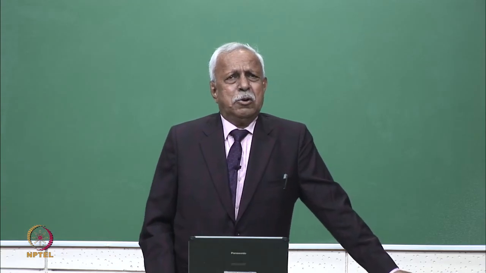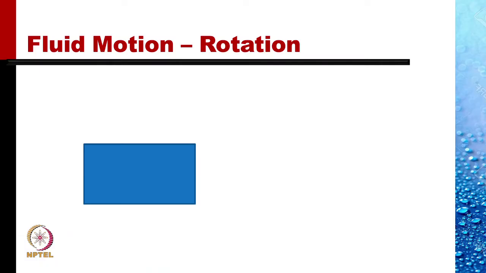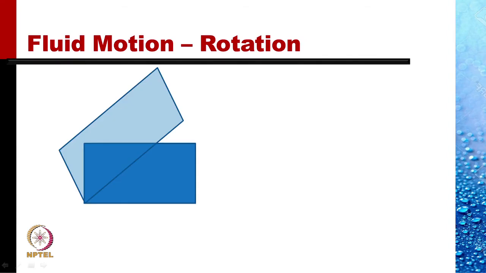Let us further consider rotation of this fluid element. Let this be a fluid element of size delta x and delta y at time t, and after time delta t, let the fluid element occupy this position. This element would translate also, so we bring it back so that the left bottom point is coinciding.